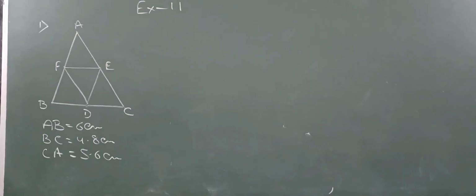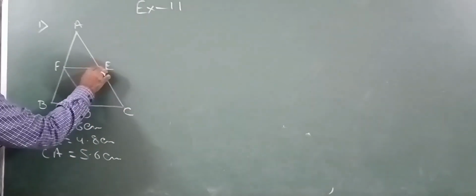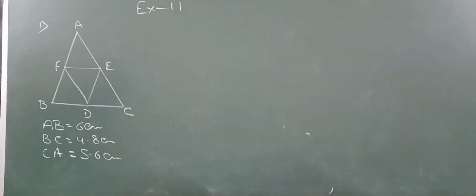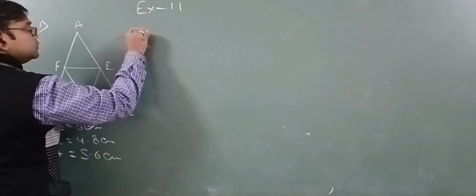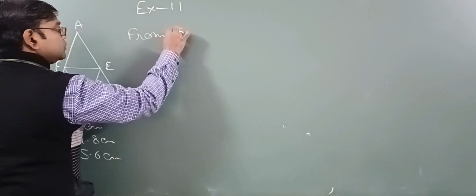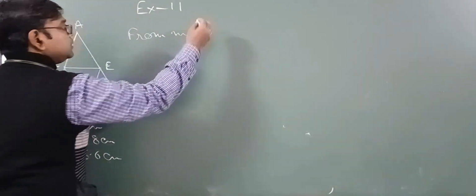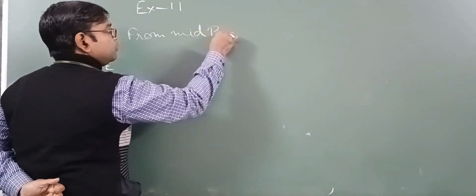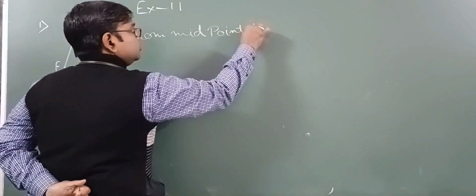Now the next part of the question is to find the perimeter of the triangle DEF. From the midpoint theorem, see how I am applying it.